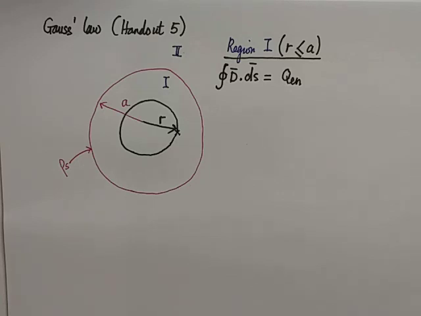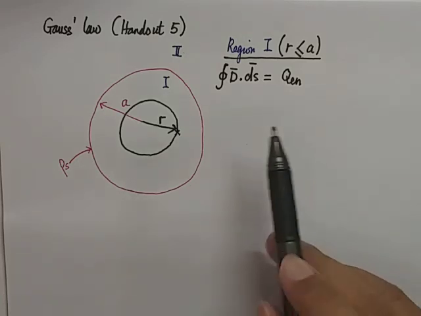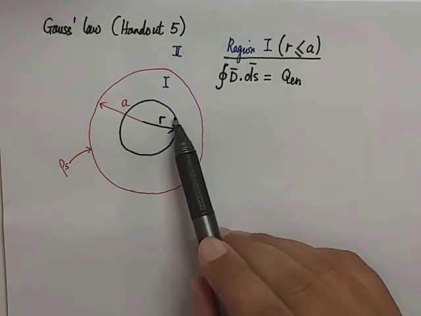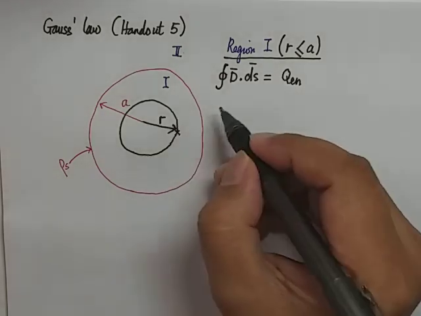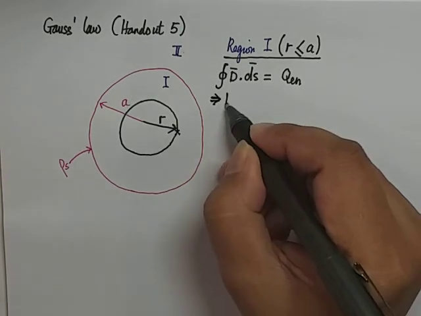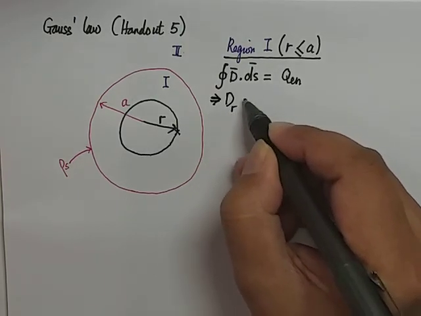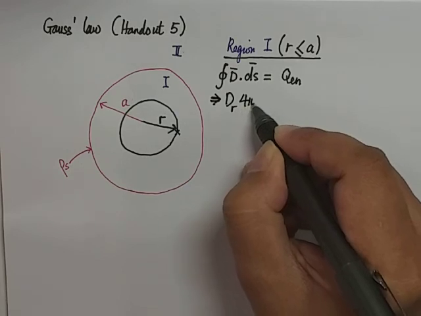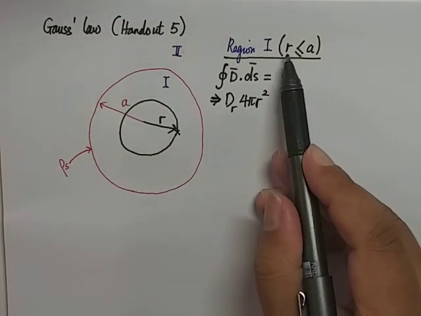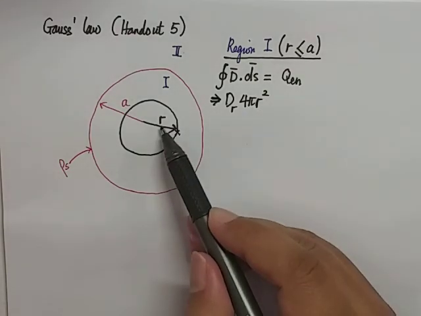Okay, so how do we proceed? We're going to link this equation to the shape of the Gaussian, and from our experience, that should be denoted as D_r 4 pi r squared, correct? Because this r is defined as this position in the diagram.